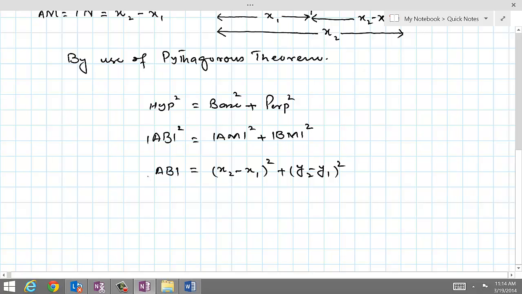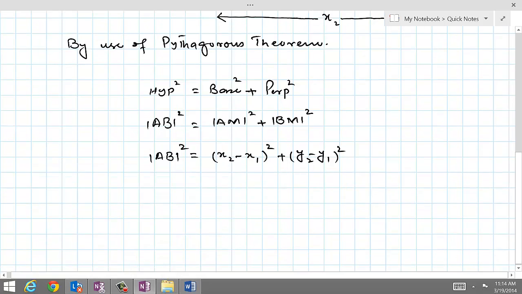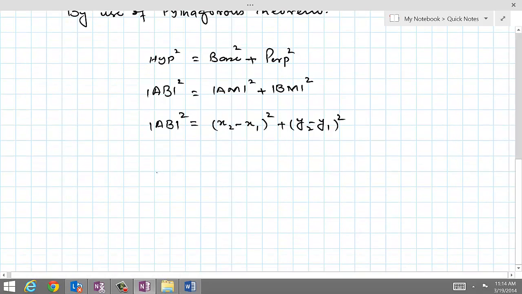From the inverse operation, if we want to undo the square, we can take the square root on both sides. This gives us the AB distance equal to the square root of x2 minus x1 square plus y2 minus y1 square.